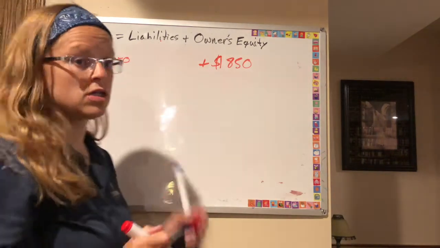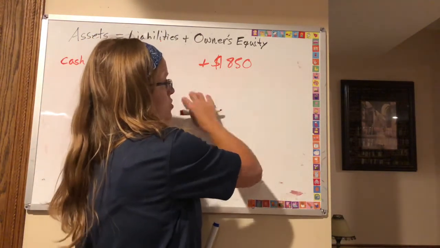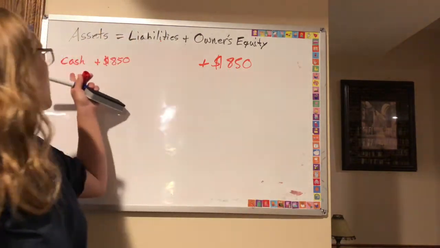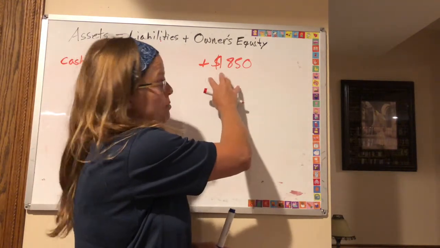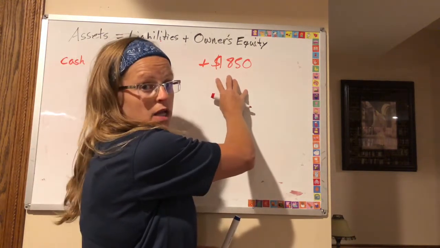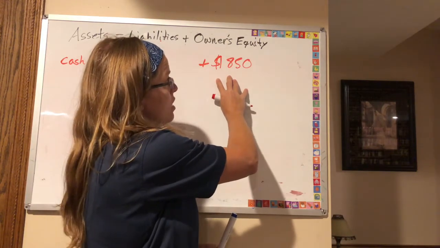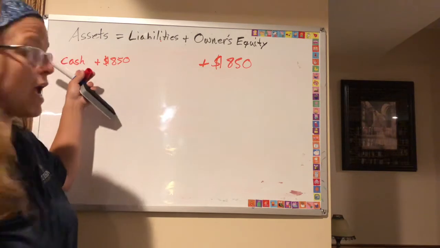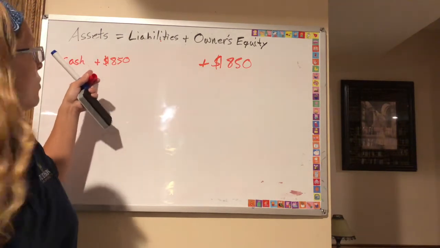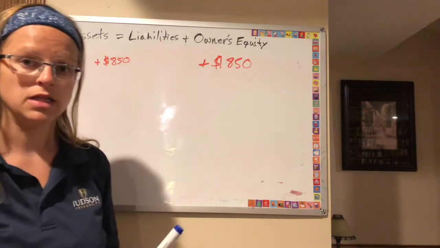The two accounts impacted are revenue and cash. Revenue is part of the income statement, so it will go into the owner's equity statement, and cash is an asset, so it will be listed under assets in the balance sheet.